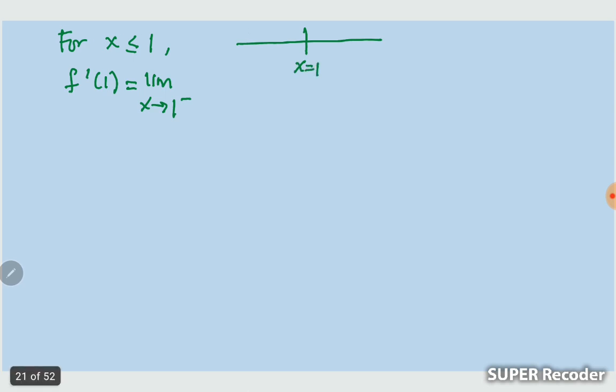We will see that f prime 1 is equal to the limit when x approaches 1 from the left. So we draw the line here. This is the line x equals 1. For x less than 1, the function is x squared plus 3. For x more than 1, the function is x plus 3.